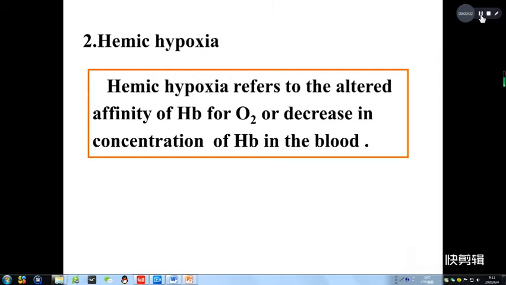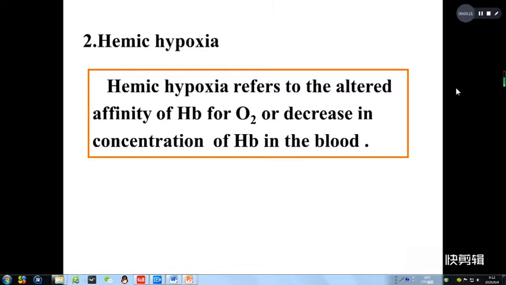Second experiment, chemic hypoxia. Now let's review. Chemic hypoxia refers to the altered affinity of hemoglobin for oxygen or decrease in concentration of hemoglobin in the blood.